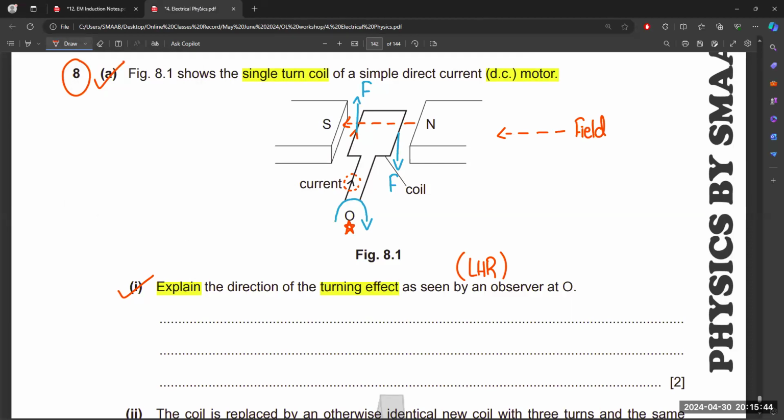So the explanation of this question is: coil rotates in clockwise direction.